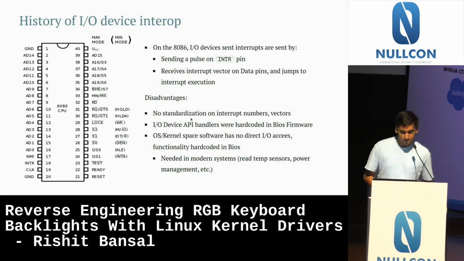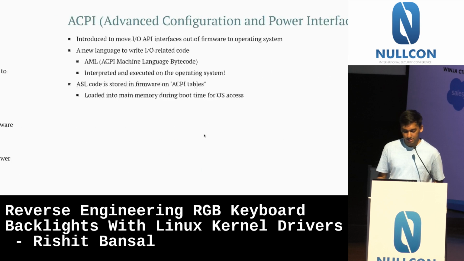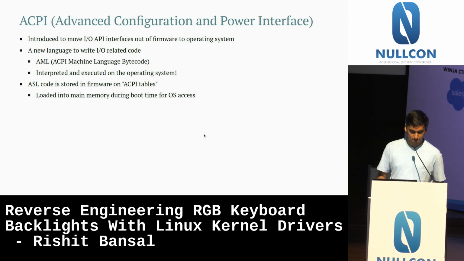So all of these interrupt numbers were fixed, and there was a need to control these I/O platforms outside your BIOS firmware. That's why we have this standard called ACPI. ACPI is built for exactly that, to move these I/O interfaces out of your BIOS to your operating system.